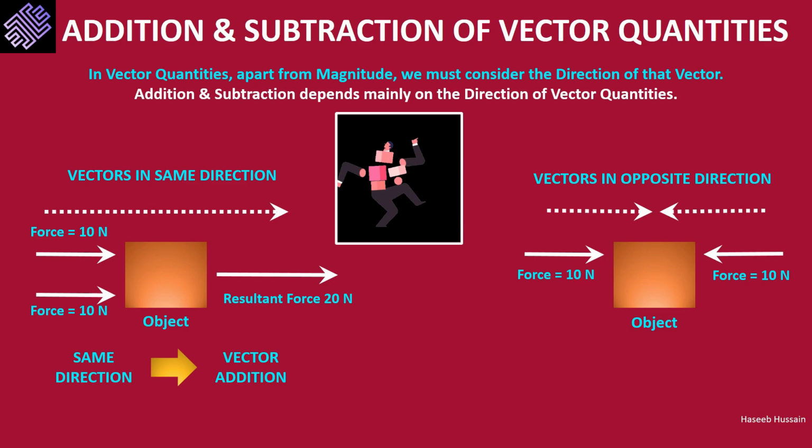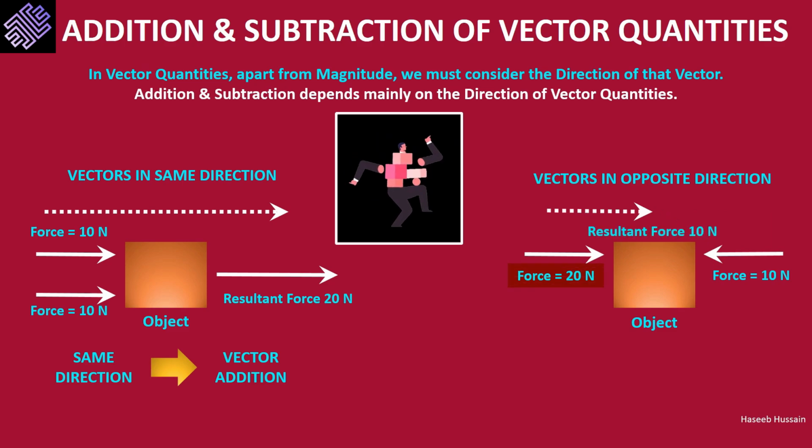As the forces are of equal magnitude but opposite direction, the resultant will be 0. 10 minus 10 equals 0. However, if the force due east was 20 Newton, then the resultant will be 10 Newton, 20 minus 10. And the direction of this resultant will be the direction of the larger force, in other words, towards east. So in case of opposite direction, vector subtraction occurs.